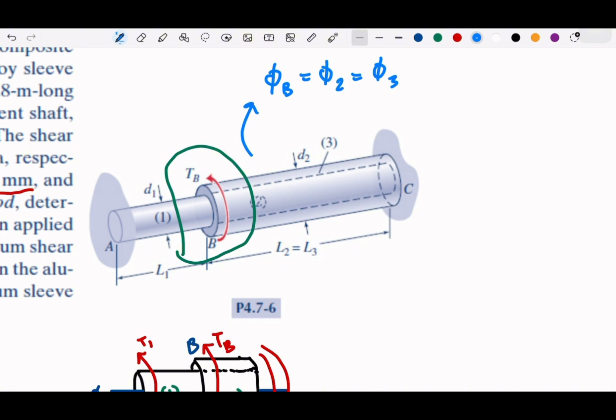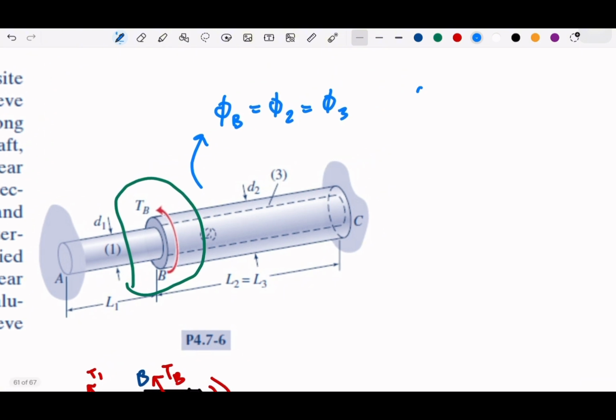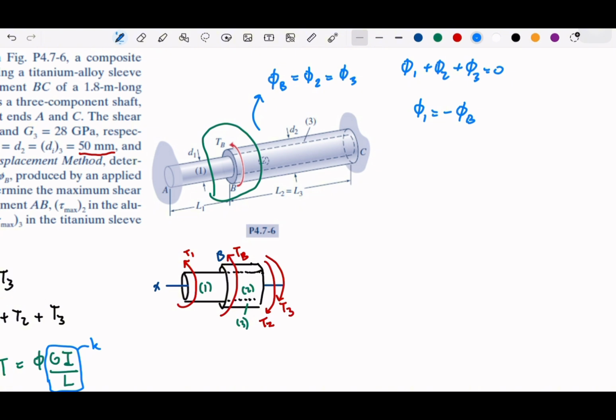And because they are attached to the wall, T1 plus T2, or here phi, this will be equal to 0, so phi1 we can write should be equal to negative phi. Or let me just write this 2. Okay, this 2 should be enough for our calculations.